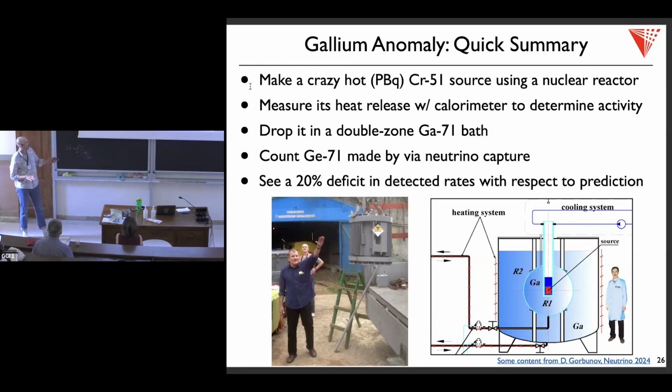So you have the gallium, and then you have your source on the inside. Your goal is to take the neutrinos from the chromium 51 source here at chromium 71. You then recirculate, you let that recirculate the tank, and you count germanium 71 with like a measurement system after running all this and gathering up all the germanium.